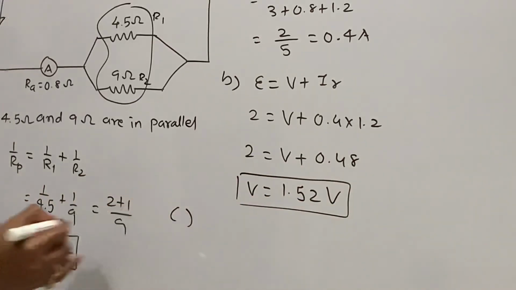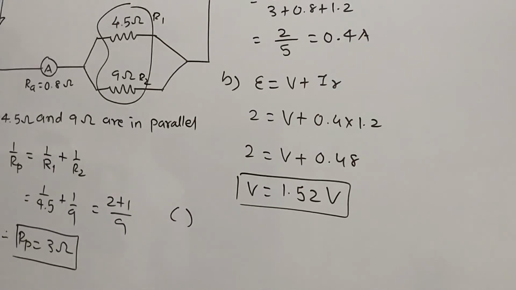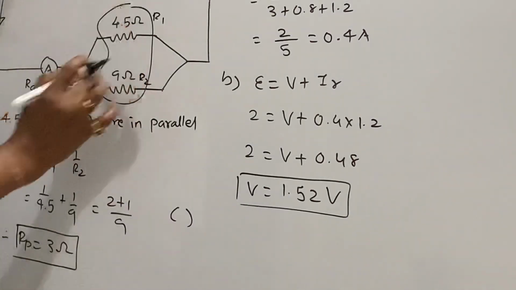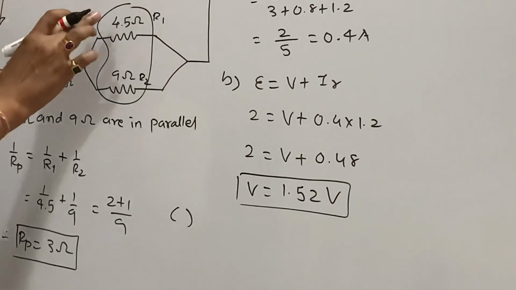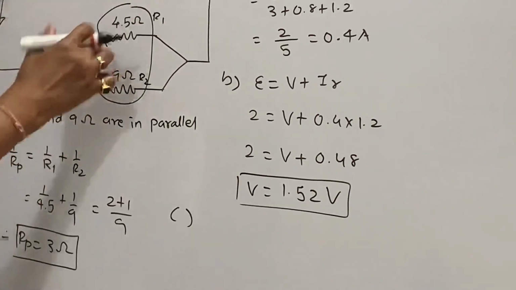Now check the last part. What is asked in the last part? Potential difference across 4.5 ohm. So we write here, since these two are in parallel and the current in each is not known, we have to take the potential difference across 4.5 ohm or 9 ohm.